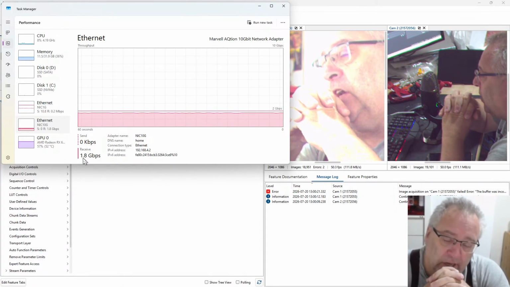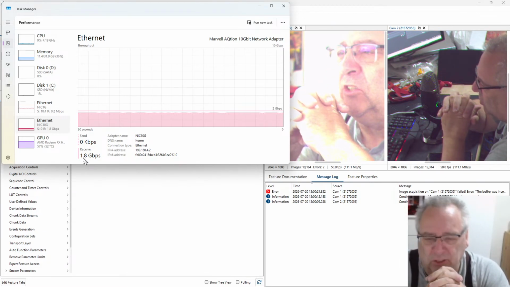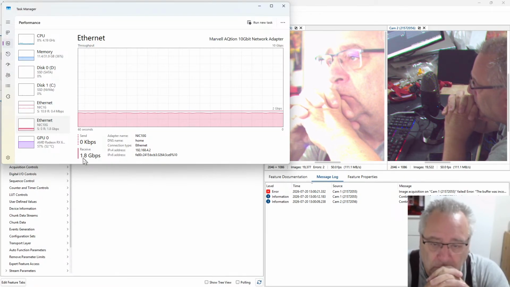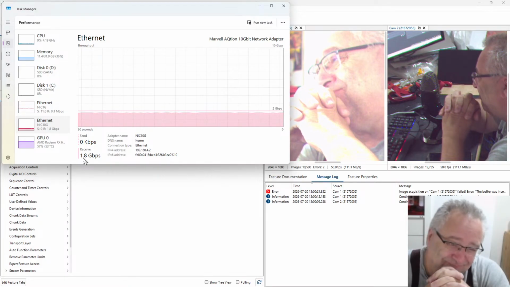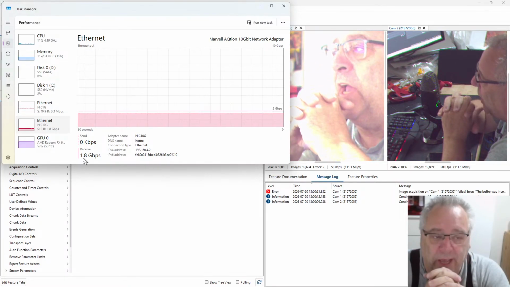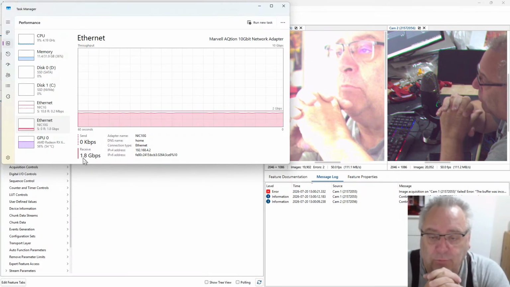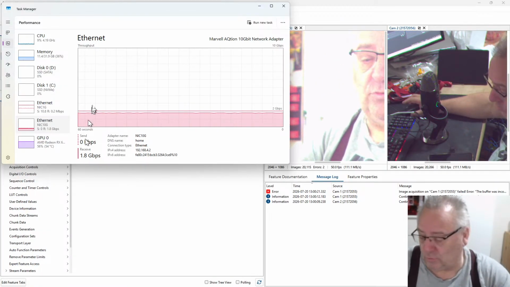No, not 8. 8 is too much. 8 cameras would actually do the job. 9 cameras. In theory, 10 cameras could be handled by 10 gigabits. So that means that we've got 5 cameras. So 5 cameras would be actually fine. 5 cameras would be fine on 10 gig.